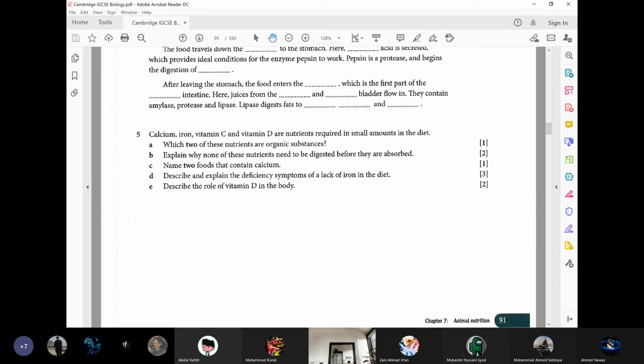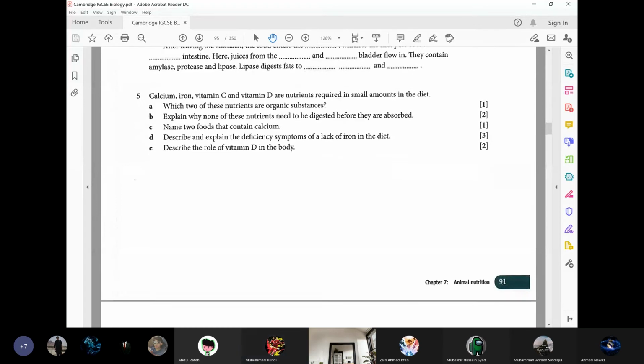So less oxygen will go to the cells of the body, and the person will have less respiration and less energy produced. The person's skin will be pale, the person will feel lethargic or tired all the time, low on energy, and feel dizzy and have other problems like this.